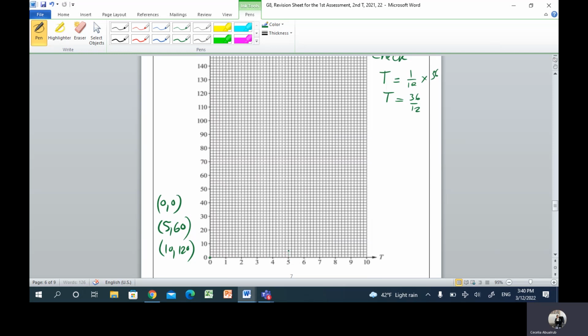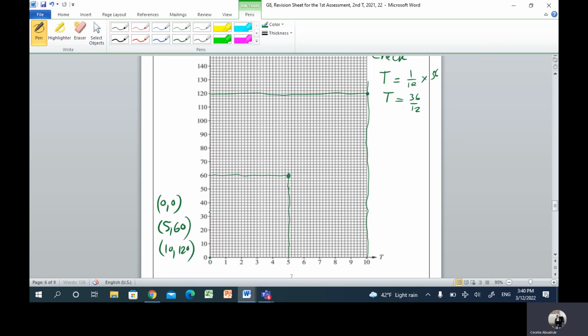This is the 5 on the x-axis, and I will go up to 60, so this is 5, 60, and then we're going to take the 10 up, up, up, up, up. And this is my 120. And this is the point.